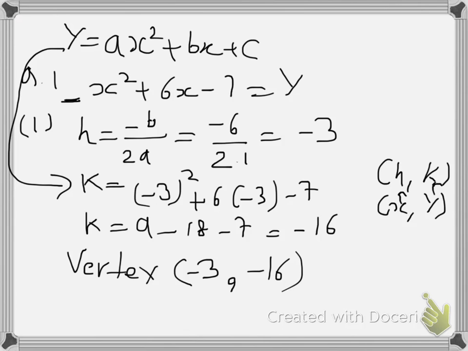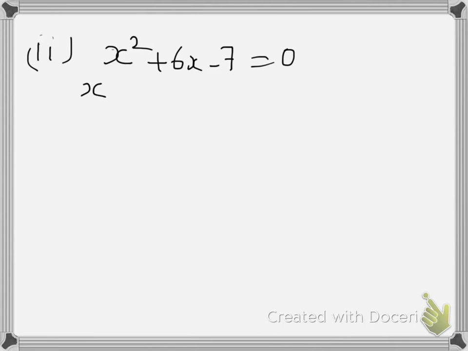Fine. Now next, in the second step, you find the x-intercept by making the equation equal to 0. Now find the factors. x, it can have 7 and negative 1, right? So 7 minus 1, you get 6.